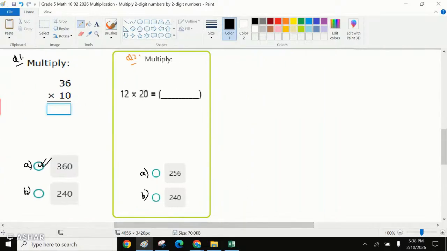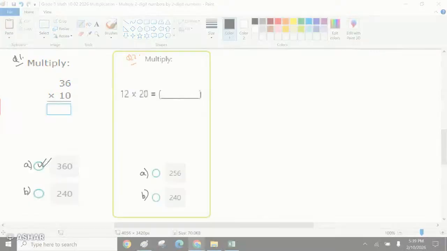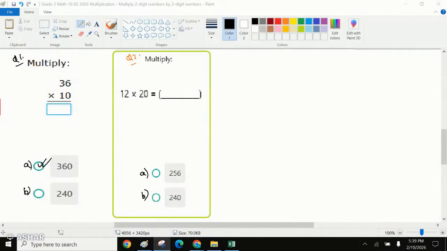How about this? 12 multiplied by 20 should be... just a moment. I'm copying the next question also. Question number 2, what should be the answer? Option A or option B?